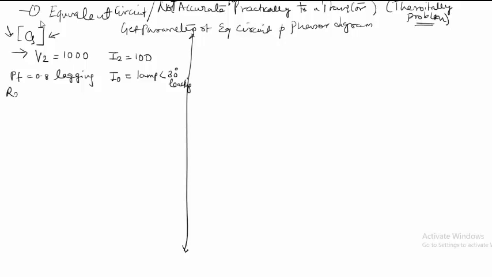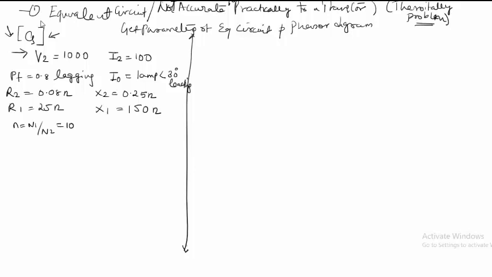The resistance of the secondary side is 0.08 ohm, while the leakage reactance is 0.25 ohm. For the primary side the resistance is 25 ohm, while the leakage reactance is 150 ohm. And the turns ratio N is equal to N1 by N2, which is 10. So that's all.